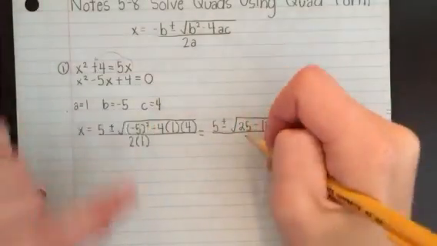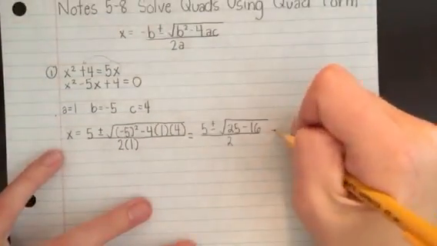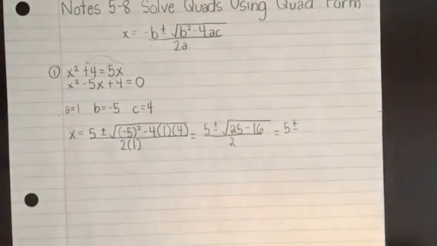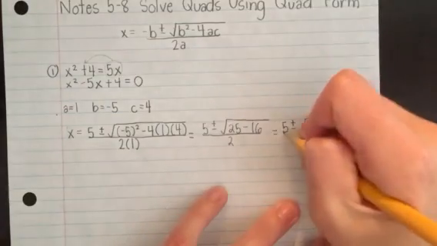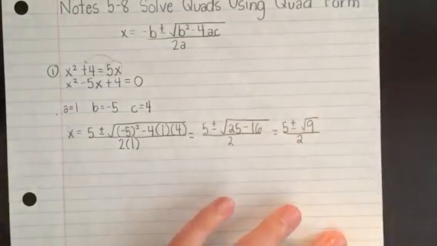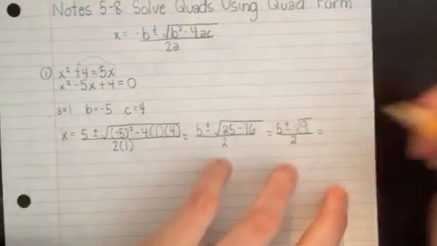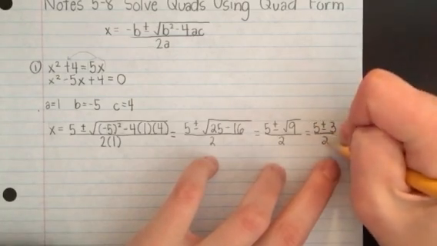And then 2 times 1 is 2. So now you have 5 plus or minus the square root of 25 minus 16, which is 9, over 2. So we know the square root of 9 is 3, so you're going to rewrite 5 plus or minus 3 over 2.